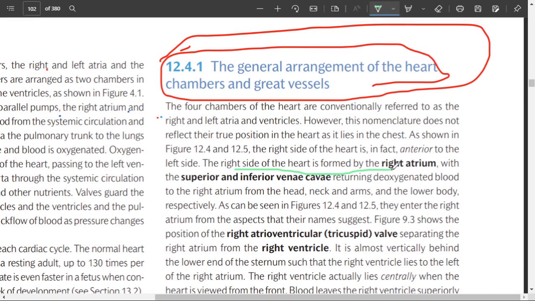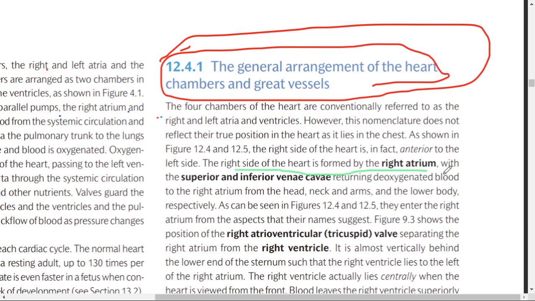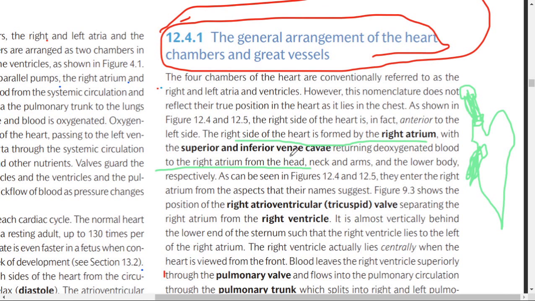So this is the right atrium, and it has the superior and inferior vena cava, returning deoxygenated blood to the right atrium from the head, neck, arms, and the lower body.